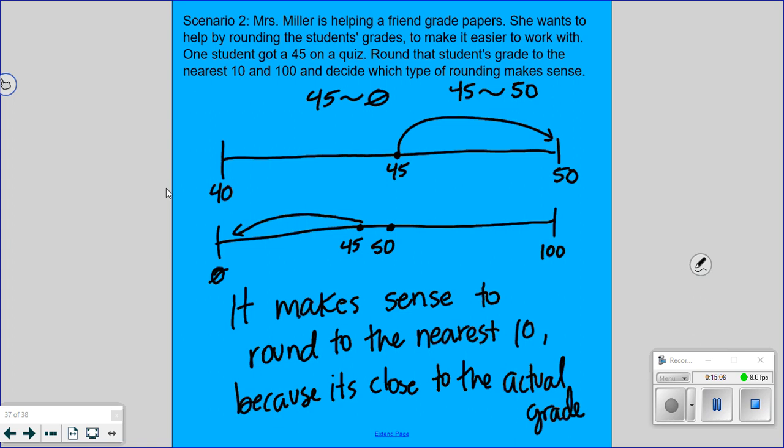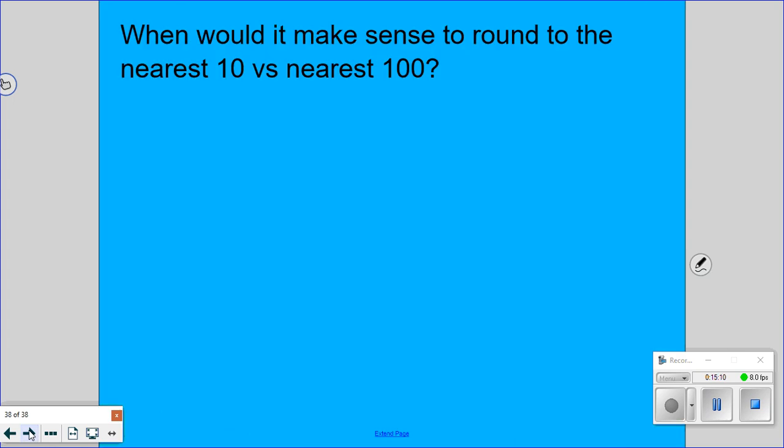All right, so let's revisit our original question. When would it make sense to round to the nearest 10 versus the nearest 100? Any ideas? Evelyn, what are you thinking? Well, it makes sense to round to the nearest 10 when you kind of want to be more exact.